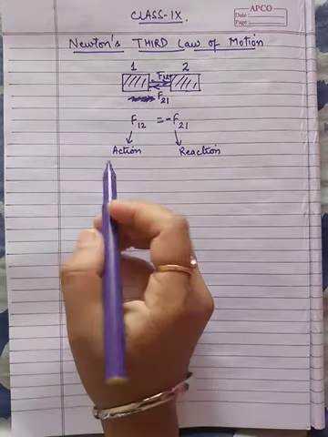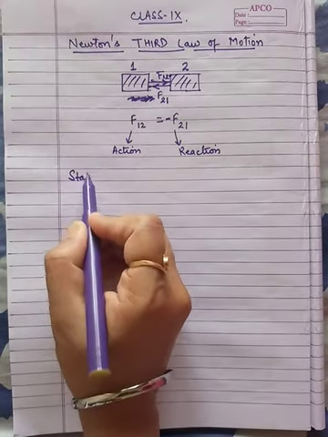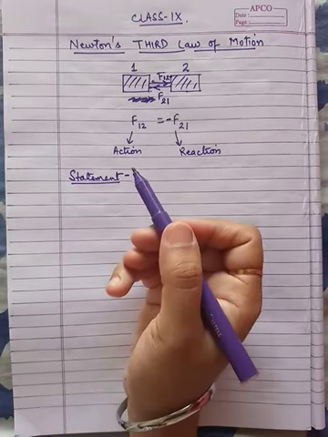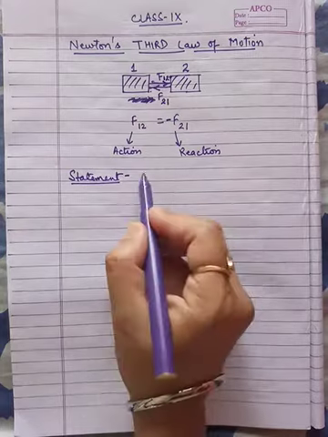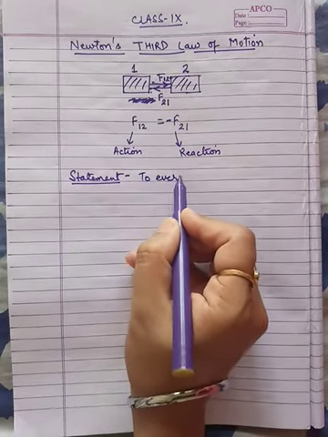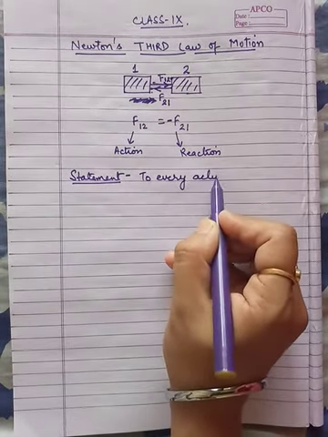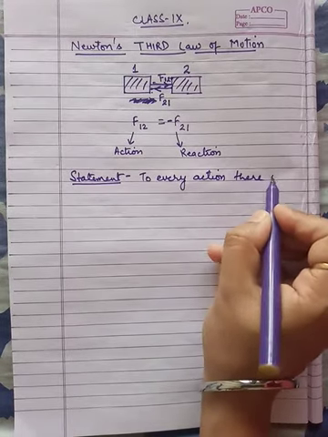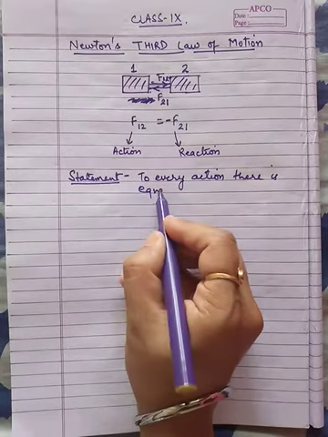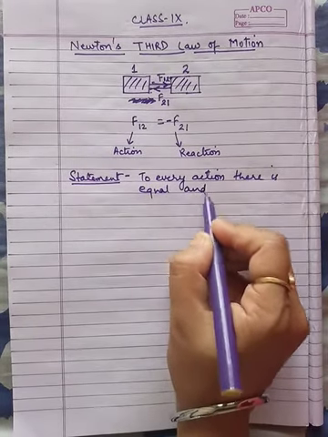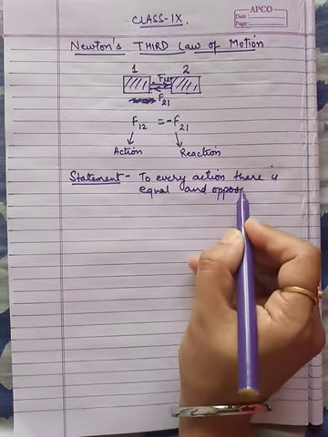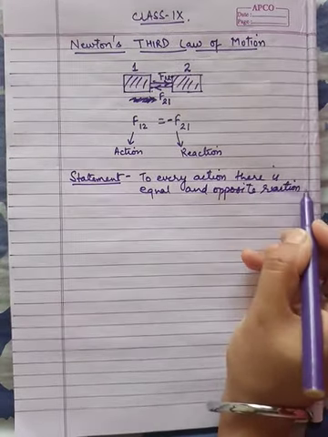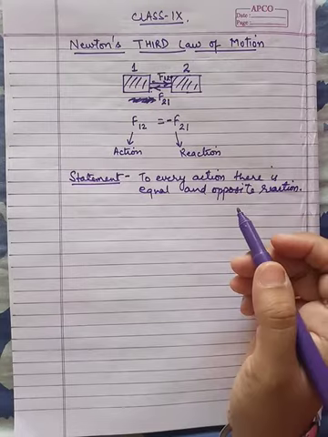So how do we state this law? The statement of the law can be written in very simple words: to every action force there is an equal and opposite reaction. This is a very simple statement, simple to learn and simple to understand also.